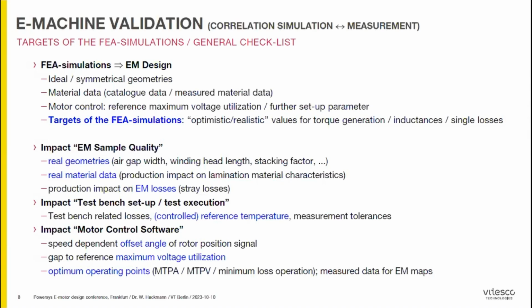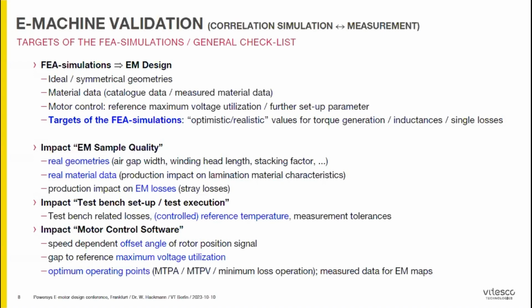This is the theory, and now we are coming to the reality. Here we have three main impact fields. First, the sample quality. Normally the electrical machine which we are building is not optimum regarding geometry: the air gap width is not the planned one, the winding head length is not correct, and the stacking factor differs.